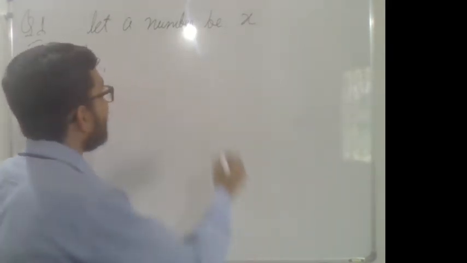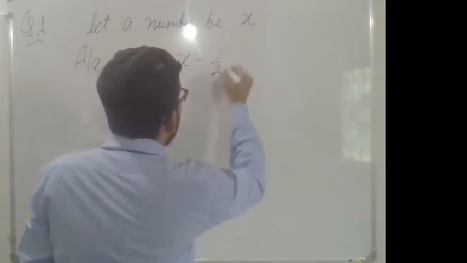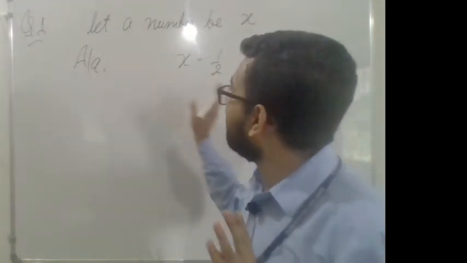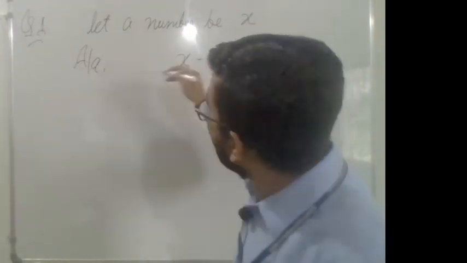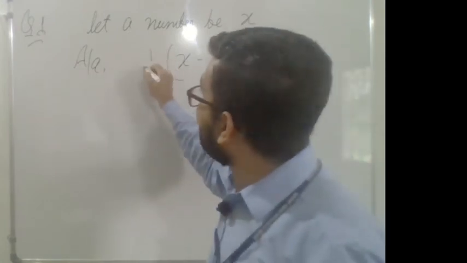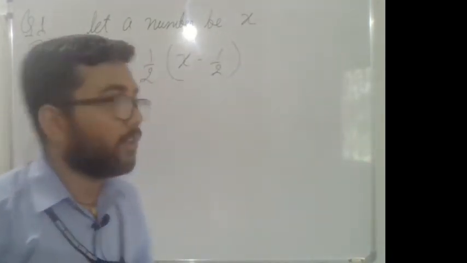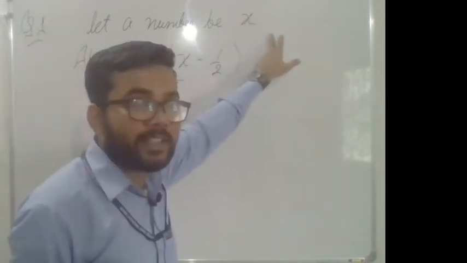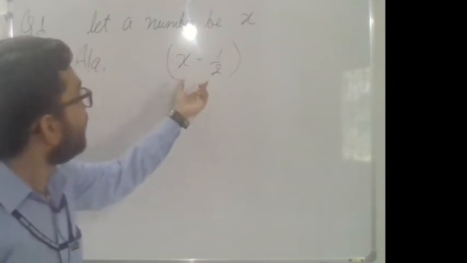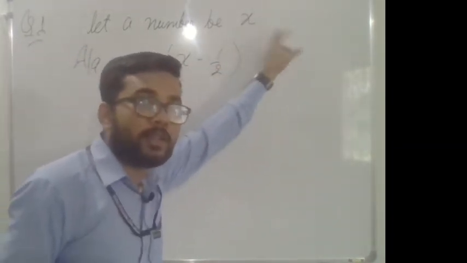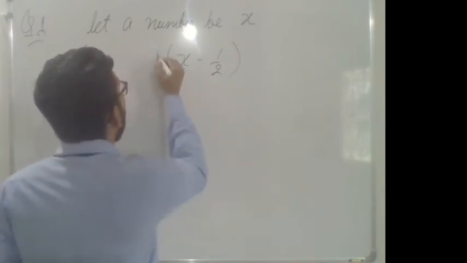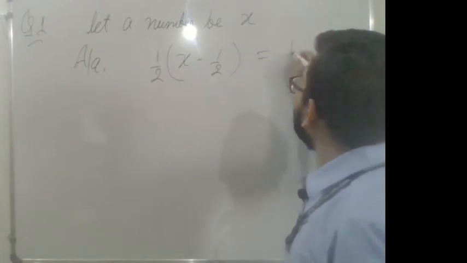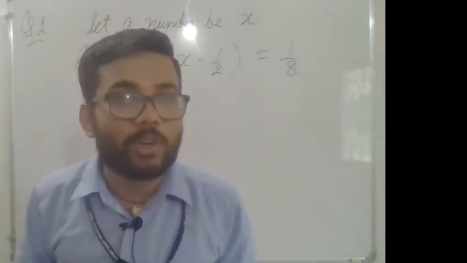When 1 by 2 is subtracted from the number and it is multiplied by 1 by 2 again, you will get what? 1 by 8.